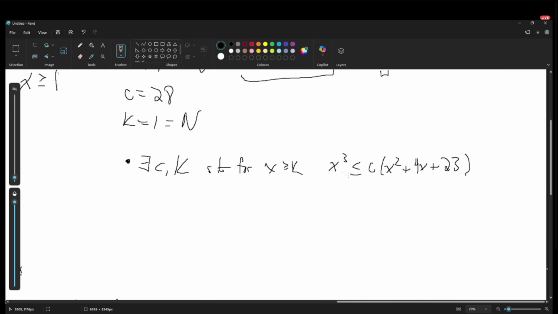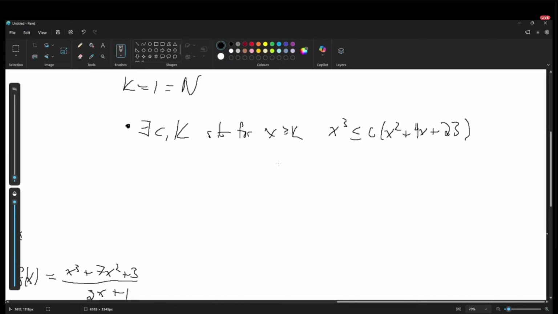Then if you rearrange both sides, you're going to get x cubed minus cx squared minus 4cx minus 23c, and that always has to be less than or equal to 0.